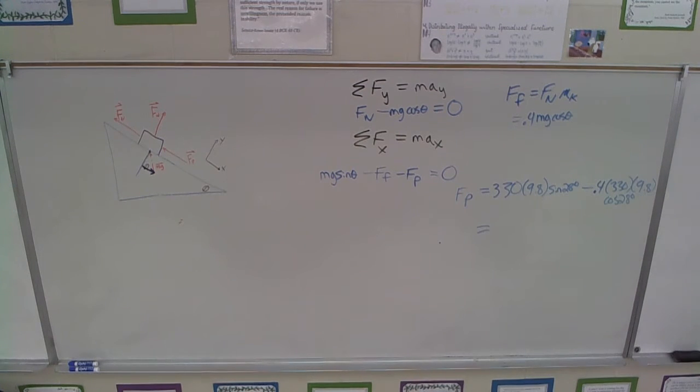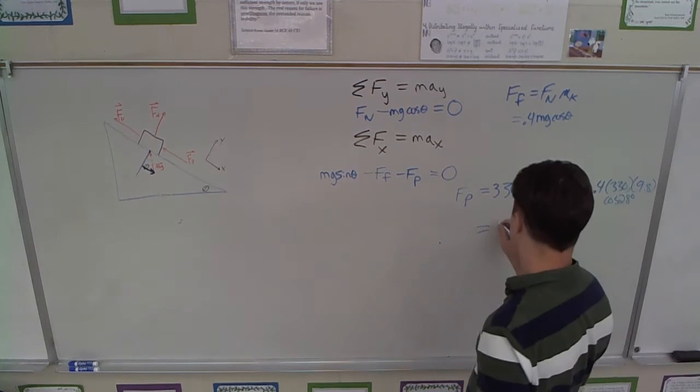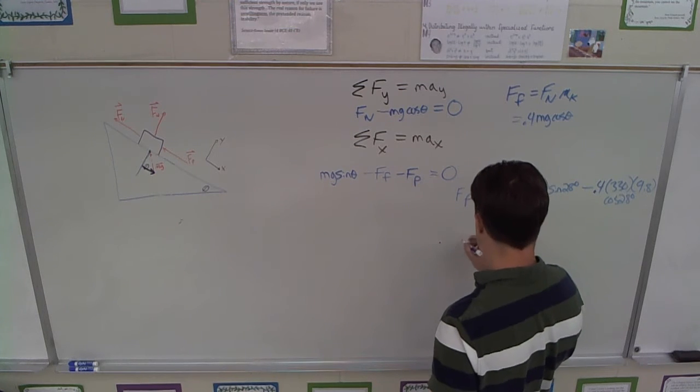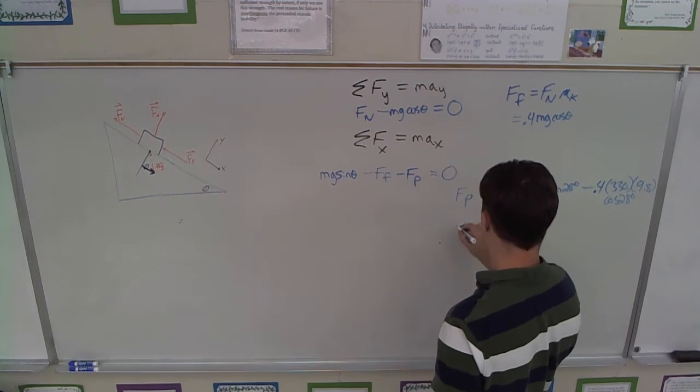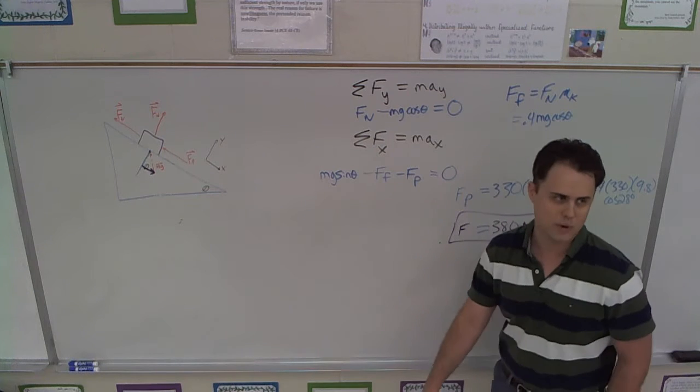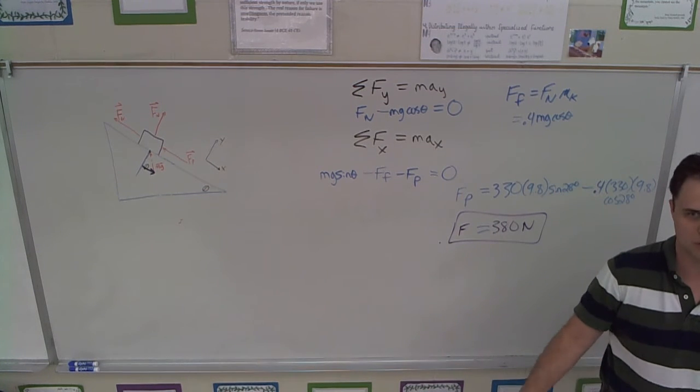We got 376. That's what they say. What do we get for sig figs? 2? Yeah, we have 2. So 380. I just want to get this number correct. 380 what? Units? Newtons. So that's the force the man is holding the piano back with in order to achieve no acceleration, right?